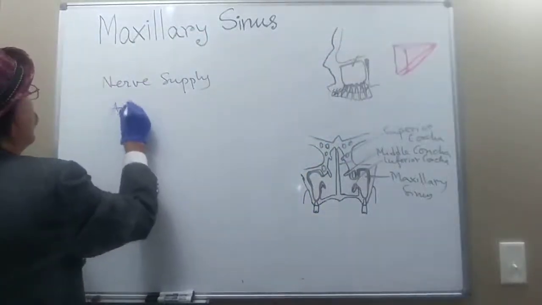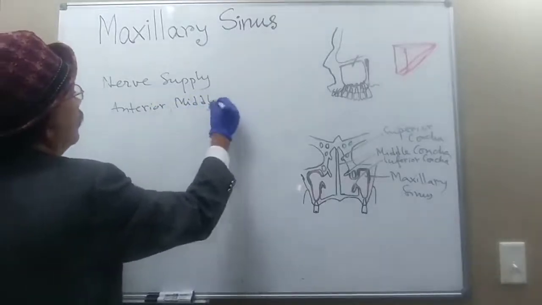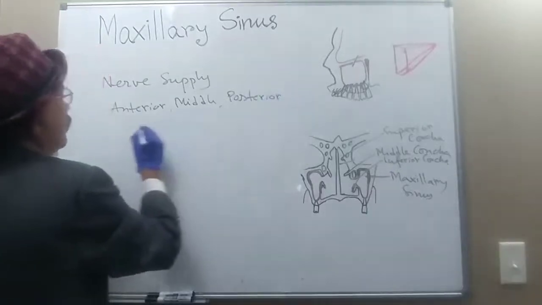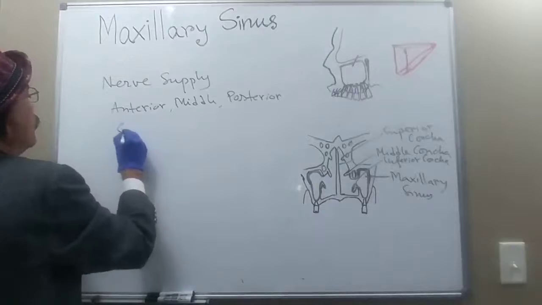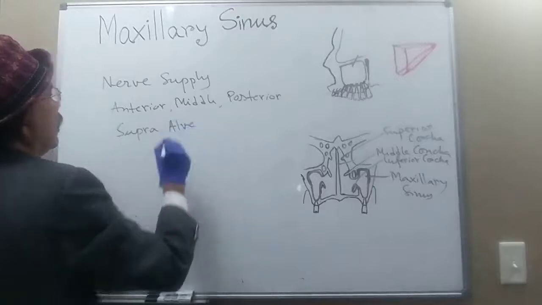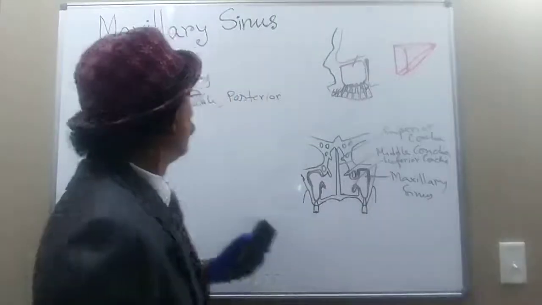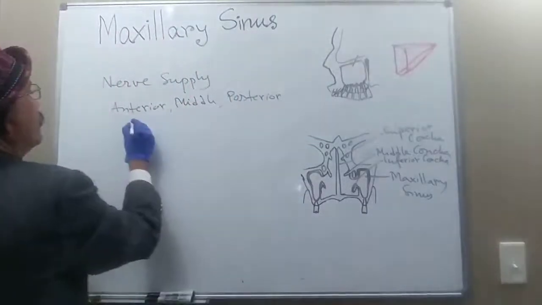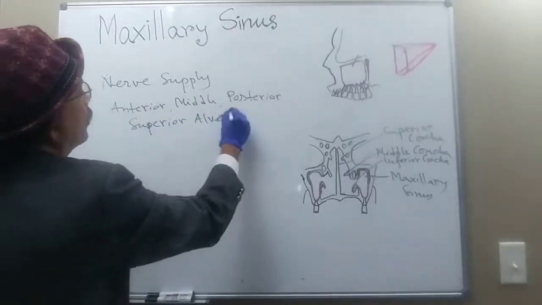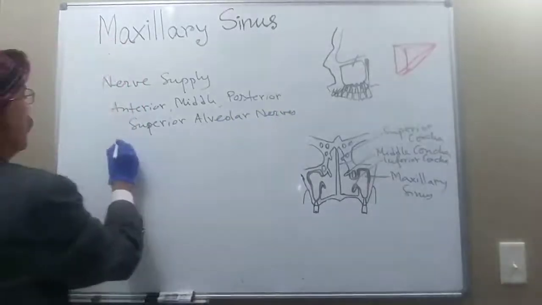So anterior, middle and posterior superior alveolar nerves.